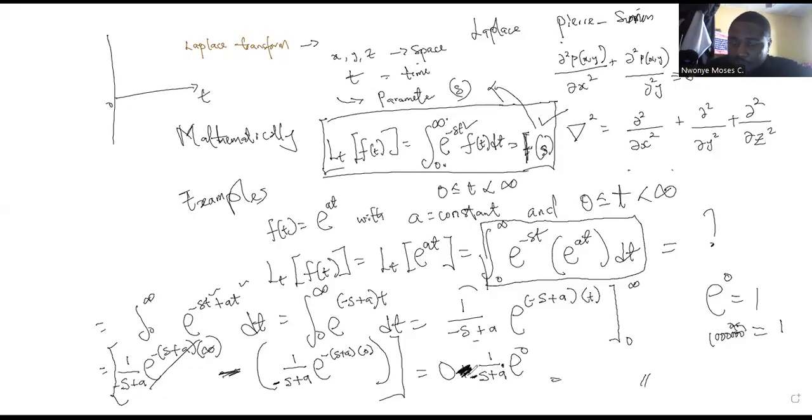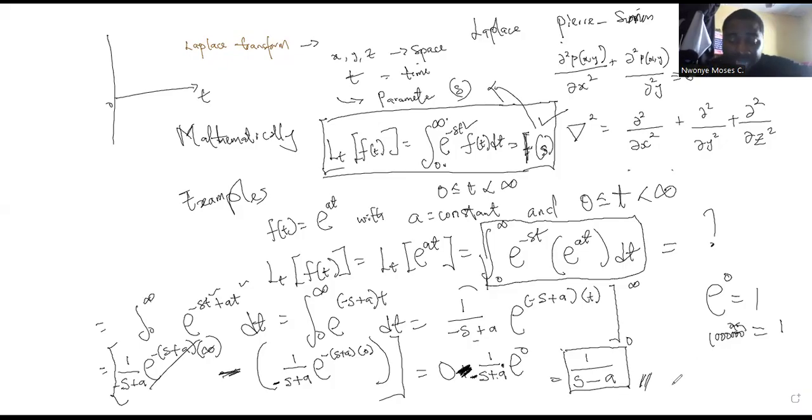So you have to be careful about that. So you now have 1 all over. This negative here is going to be multiplying this one. You have s, while this negative is going to be multiplying this one, and you have minus a. So this is actually the particular result you're going to be getting.